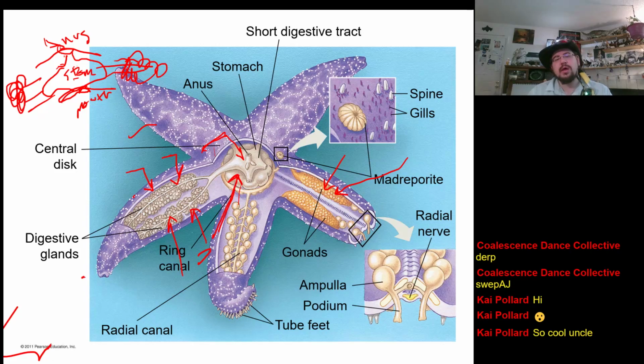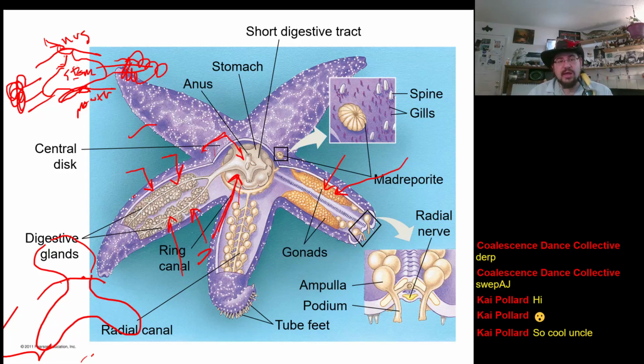Okay, so the starfish mouth opens and the stomach is turned inside out. It everts its stomach out of its mouth such that the inside of the stomach is now in direct contact with whatever the starfish is eating.